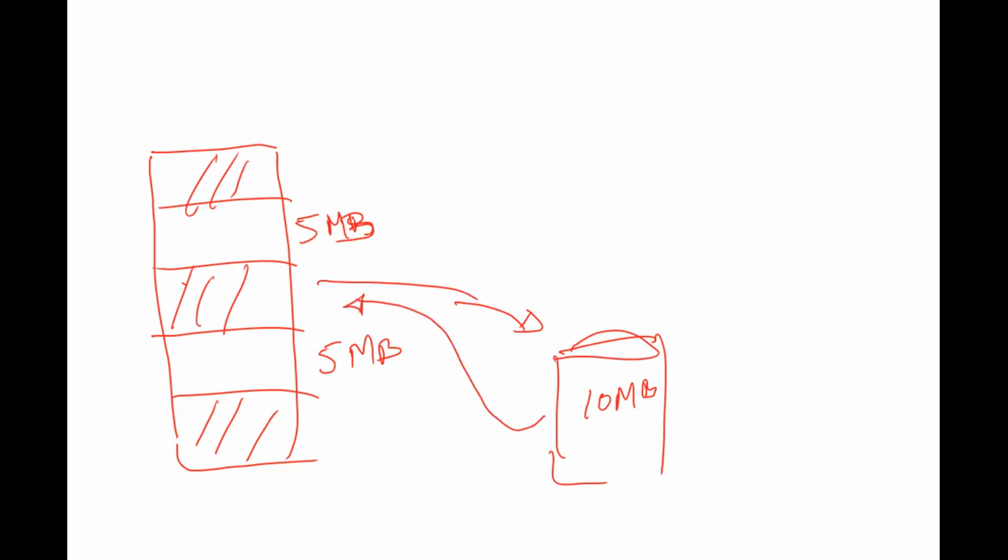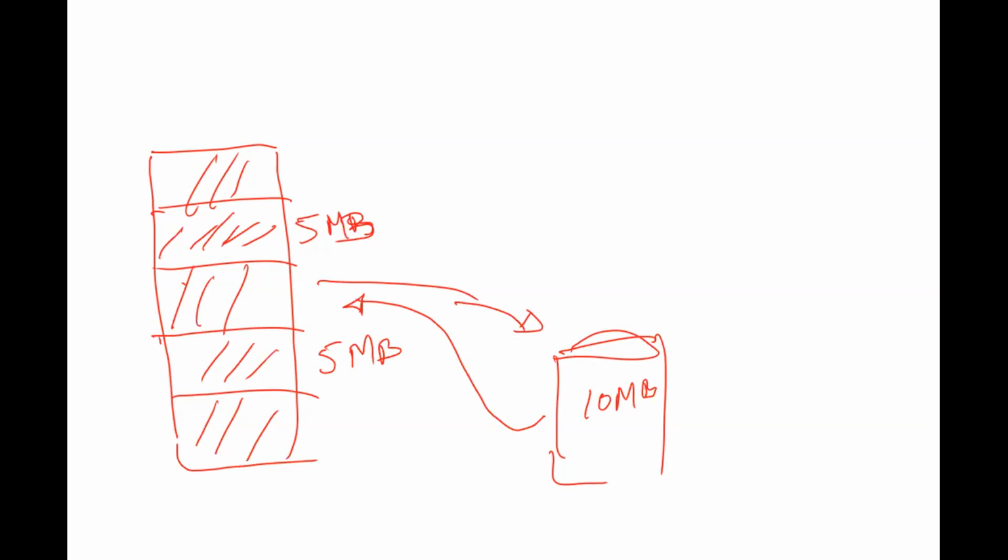But one thing it can do, it can divide it. If you divide your process and store it in different locations, even if they are not contiguous, it is fine. You can store your process in here, 5 MB, and in here, 5 MB. So what does it mean? It is in a non-contiguous location.